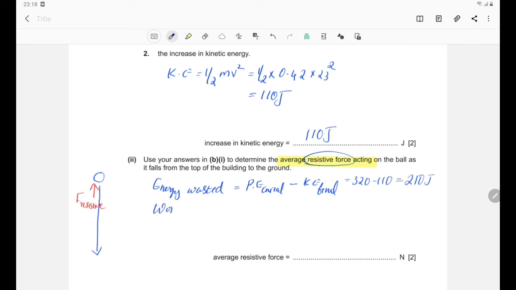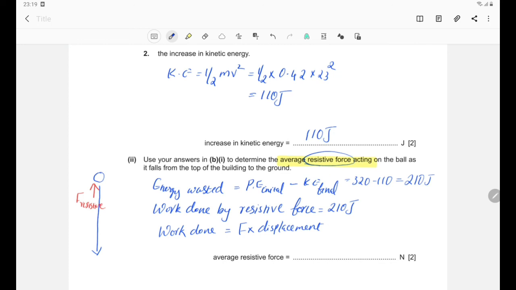So the work done by the resistive force will be equal to the energy wasted by the ball in the form of heat, which we have already calculated as 210 joule. Now you can use this equation, work done is equal to force into displacement.